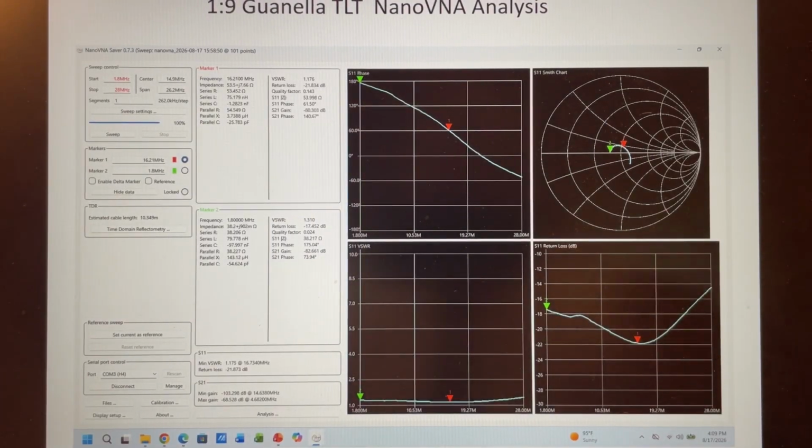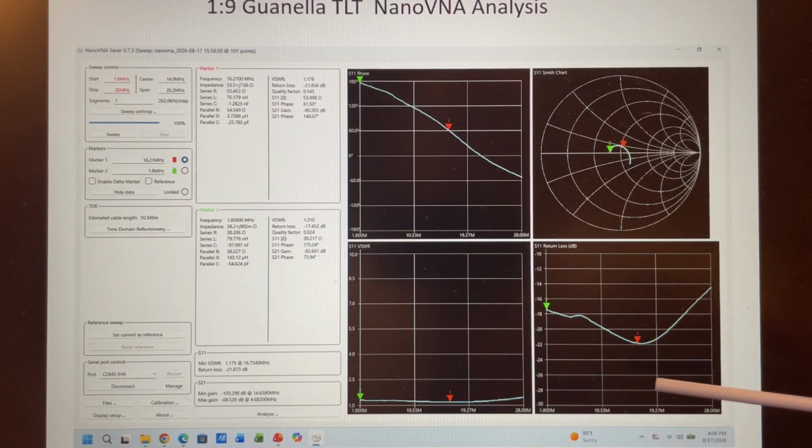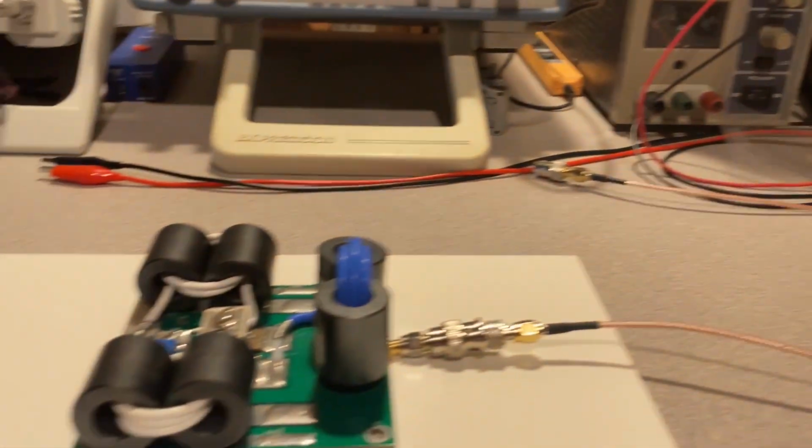So next we wanted to look at the TLT on the NanoVNA. Specifically, we'll be looking at it on the Smith chart, also looking at the SWRs and the return loss. Now this is a measure of how much reflected power, so we'll be spending a little bit of time discussing that. So let me just quickly switch over here and show my setup.